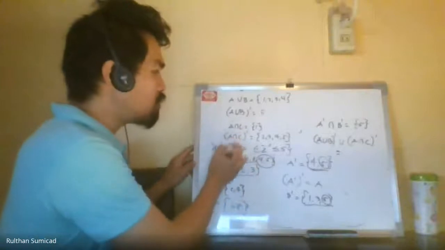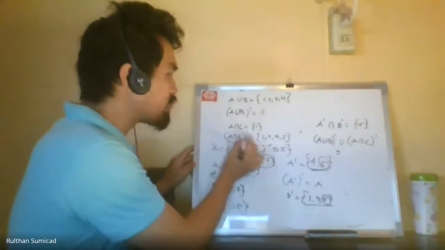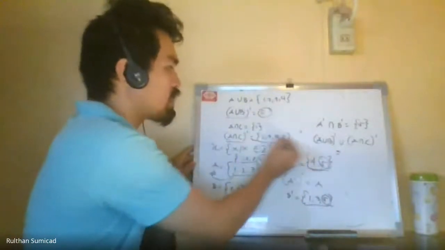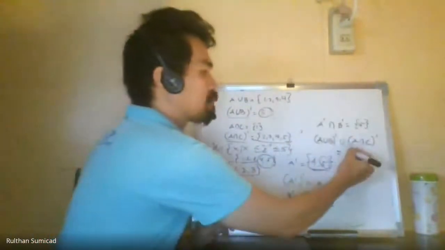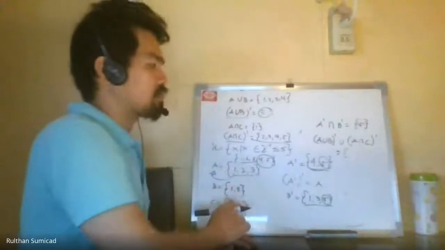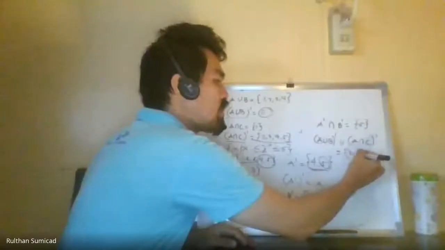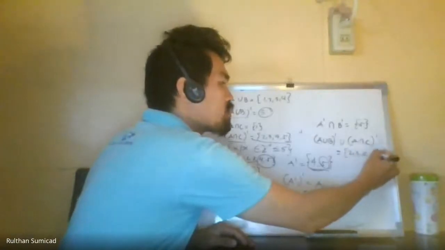So this is what we're concerned with, this set and then this set. The question is union, so we'll combine this one and this. What is our answer? 2, 3, 4, and 5.